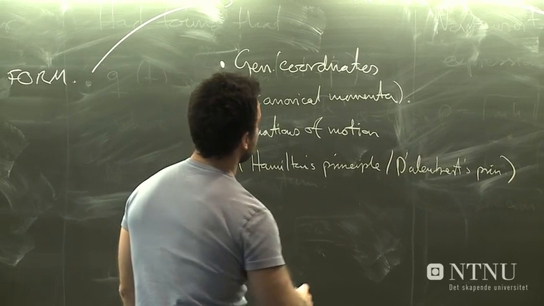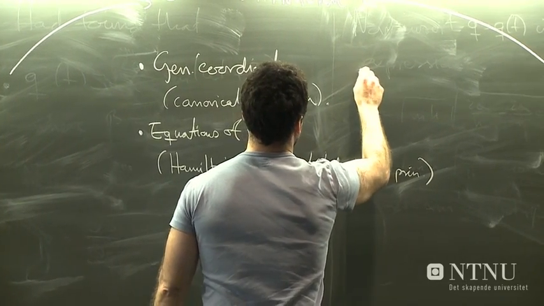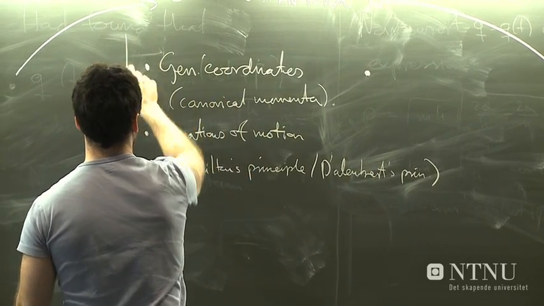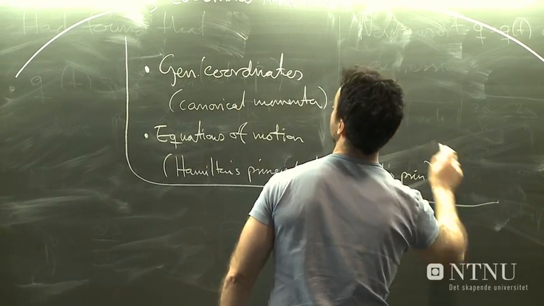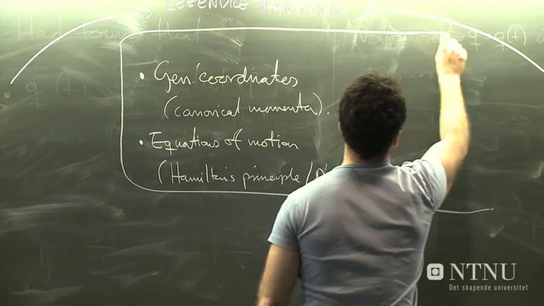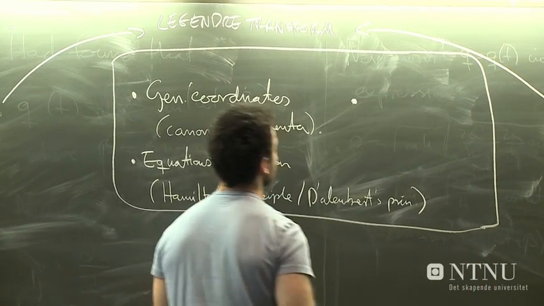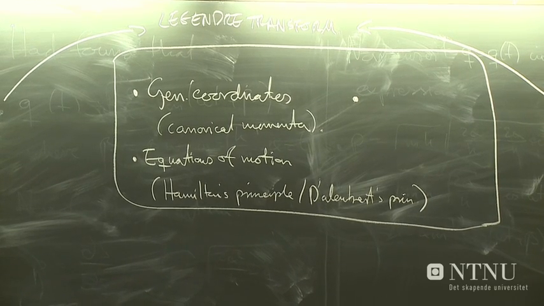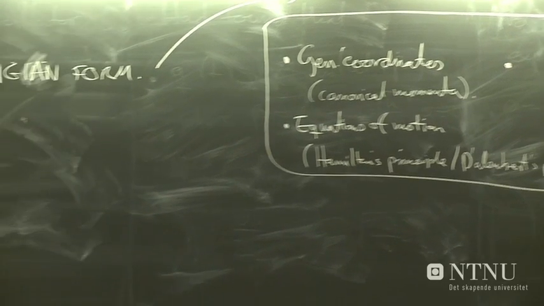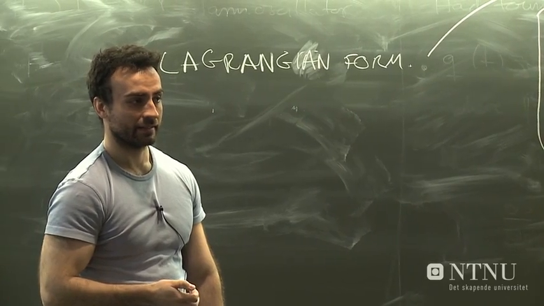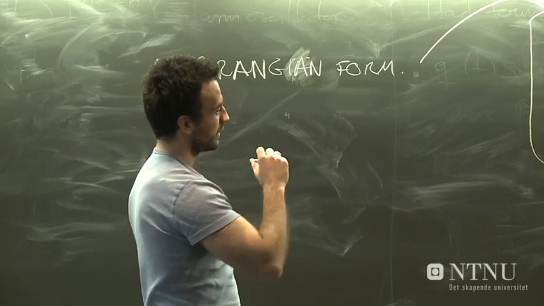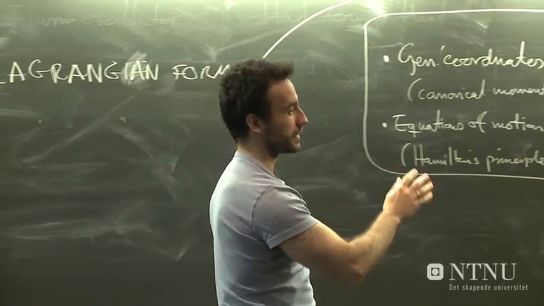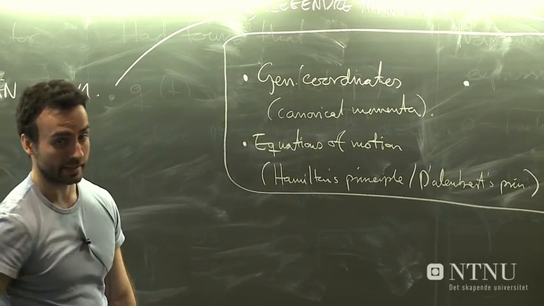And the final point here, well, what would you list as the third point in terms of an important aspect which is common both for Lagrangian and Hamiltonian formalism?